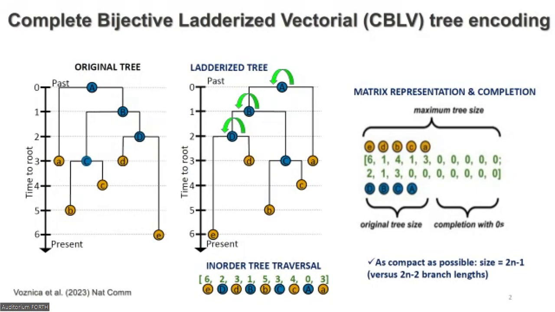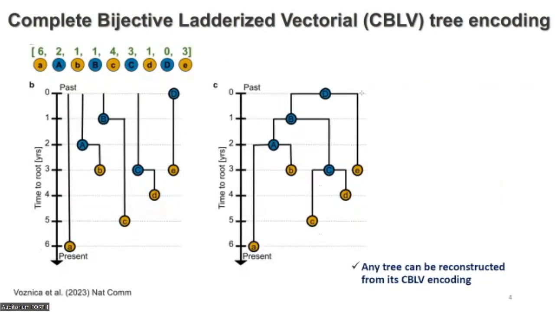How is it done? We order the tree, ladderize the tree, and then we encode the internal nodes and the tips. This is a very compact way of representing the tree, and it also has the feature that once you have this encoding, you can get back to the tree if you want.